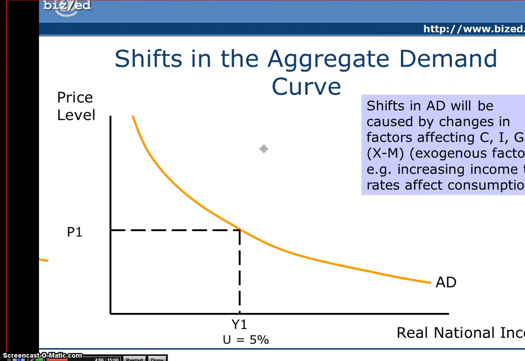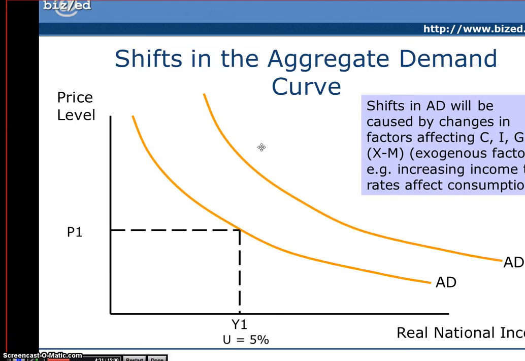So what's going to shift the aggregate demand curve? Anything that's going to affect consumer spending, investment spending, government spending, or net exports will affect the aggregate demand curve. So when I'm doing aggregate demand, aggregate supply analysis, and you get something that's changed, the first thing I think is, is it going to affect C, I, G, X, or M? If it does, then it's going to shift aggregate demand.